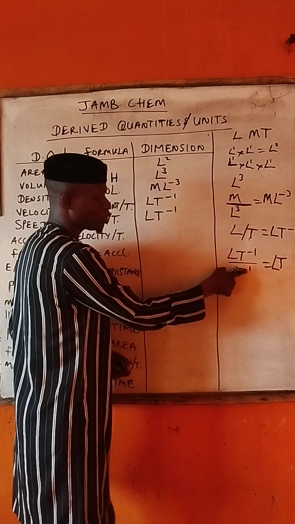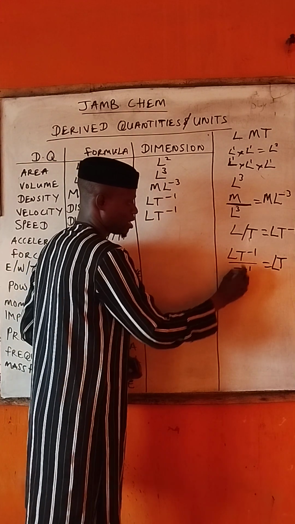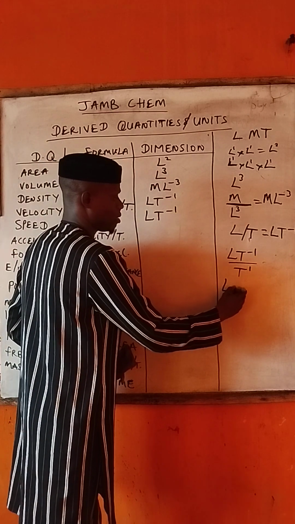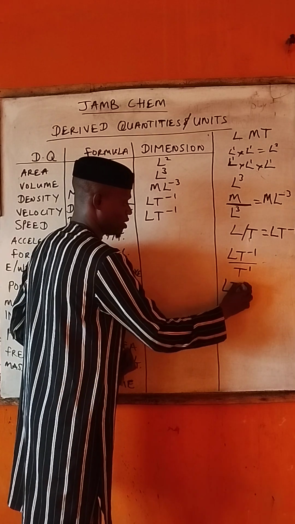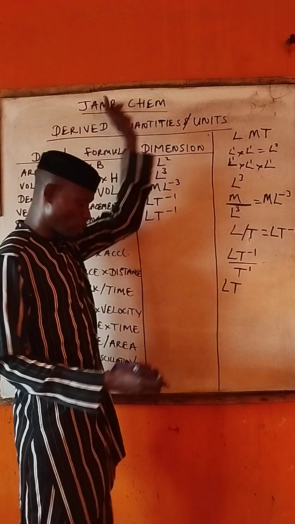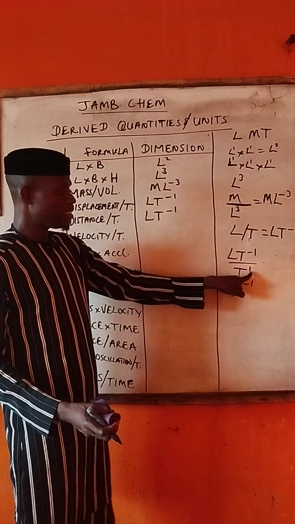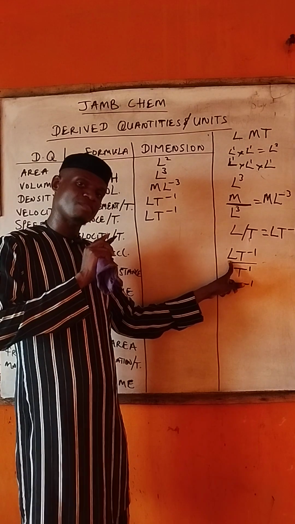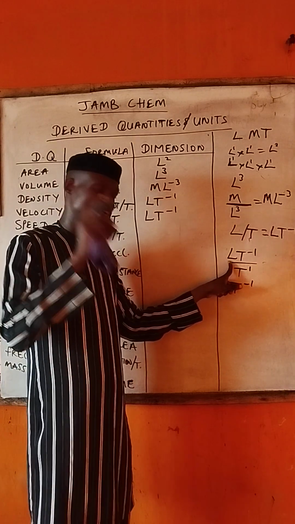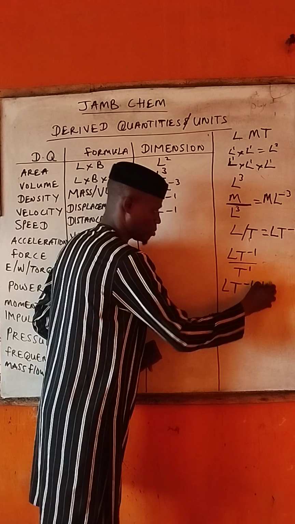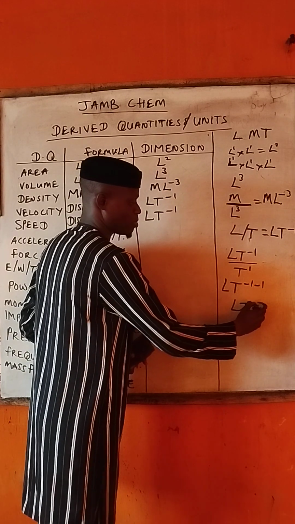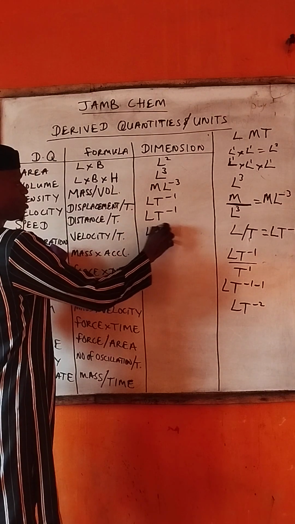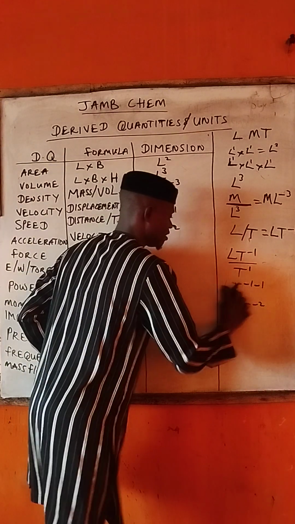Take one T: minus 1 is up already, and the 1 downstairs comes up, but the divider will change it to minus. So you write the minus, and this 1 comes up. Finally we have L T raised to minus 2. So L T raised to minus 2, that is for acceleration.